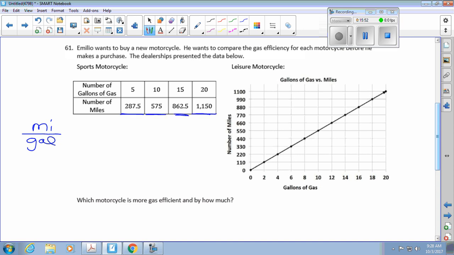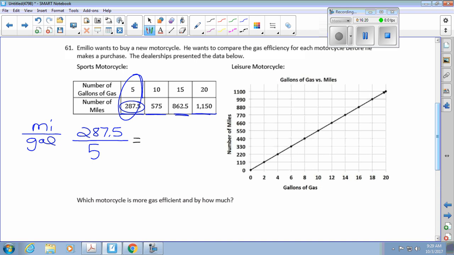So Jasmine chose to pick 287.5. All right, what are we going to put on the bottom of that ratio? 5. Yes, 5. All right, so we are going to put a 5 there because they're all part of that same ratio.